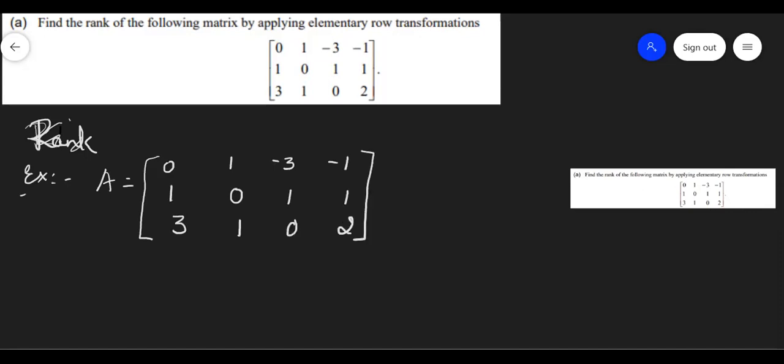Tell me now, what is the diagonal here? What are the diagonal elements? The diagonal elements are 0, 0, and 0. Am I right? This is your diagonal.